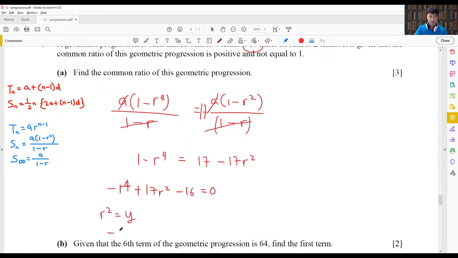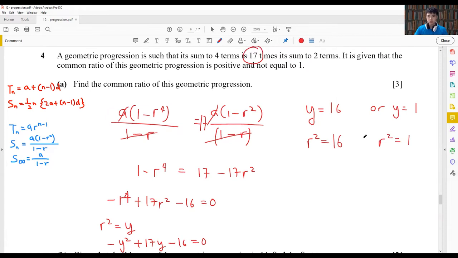Then over here you have negative y^2 plus 17y minus 16 equals 0. Solve for y. Typing into your calculator, you should have gotten y equals 16 or y equals 1. After that, change y back into r^2. r^2 is equal to 16 or r^2 equals 1.